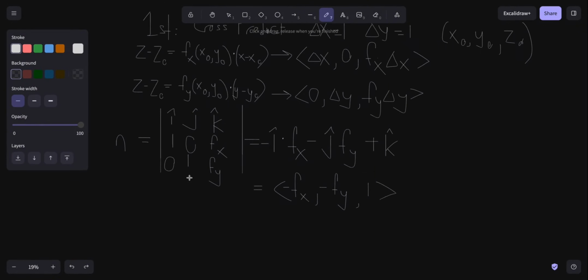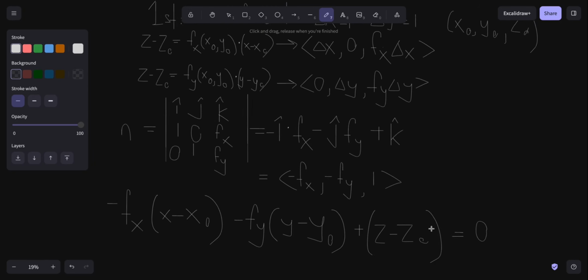And so the equation of our plane is just going to be the dot product of the normal with the difference between this point and another arbitrary point on the plane. And if you remember the proof of that, hats off to you. So this is going to be the point-normal form of our plane equation: f sub x times x minus x0, plus f sub y times y minus y0, plus 1 times z minus z0. And we're going to set that equal to 0.